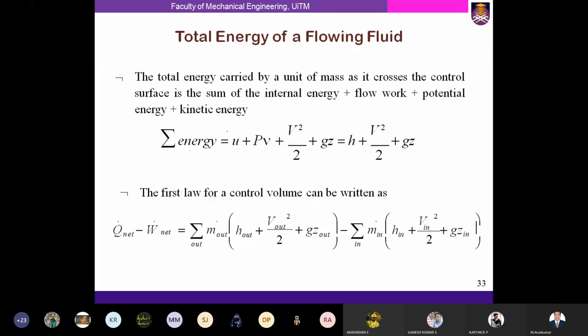So the energy of the steady state steady flow will be equal to, yes, that is U, the change in internal energy.